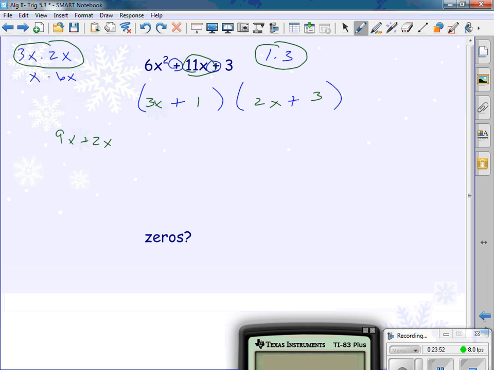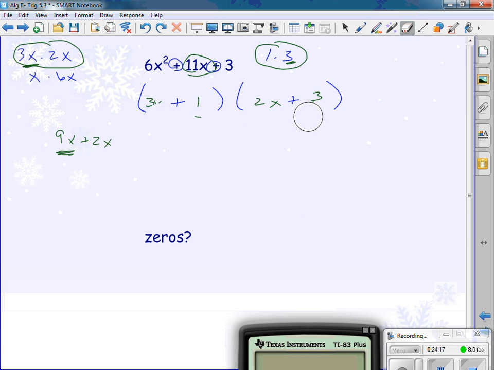These ones are more like a puzzle that you have to piece together properly. Do you see how I picked these numbers? Because how did I get this 9x? 3x times 3. The number you multiplied has to go over here.